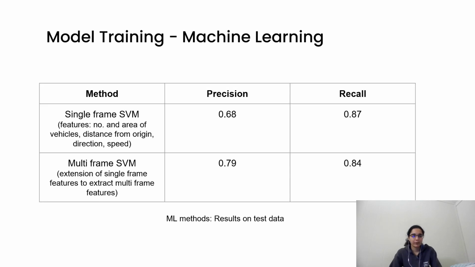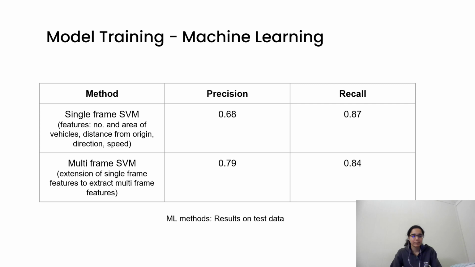To start with the model training phase, I trained support vector machines on handcrafted features extracted from video frames of INDRA. In the single frame SVM method, I trained SVM on per frame features capturing number, location, size, speed, and direction of vehicles to get precision of 0.68 and recall of 0.87 on the test split.